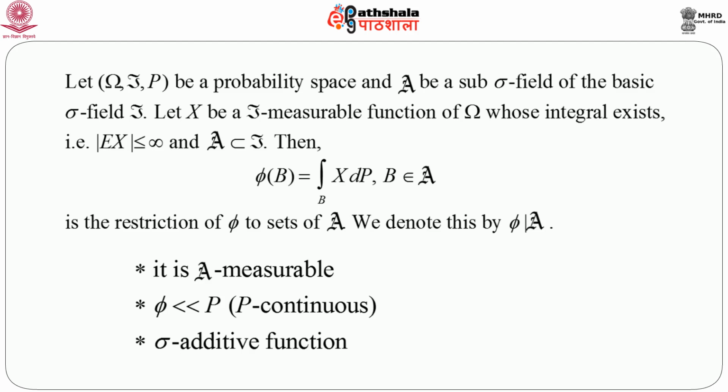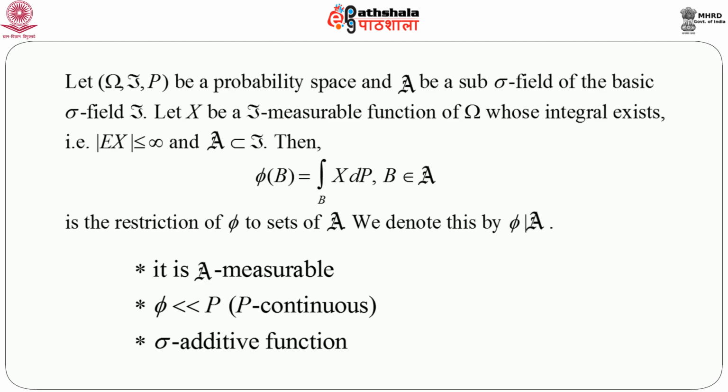Now, we can define a function which is 𝓕-measurable, and we call this function X. So, let X be a measurable function of Ω whose integral exists, that is, |E(X)| is less than or equal to infinity, and 𝓐 is a subset of 𝓕.